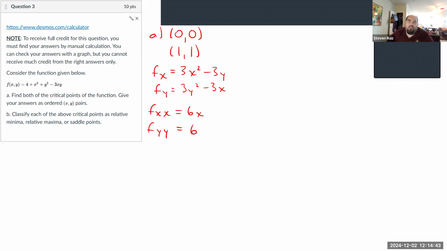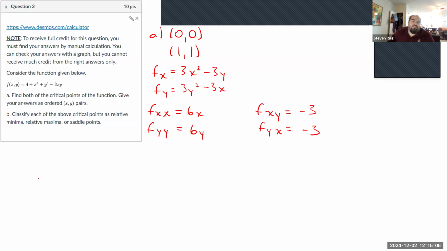That'll be 6y. And then take the mixed ones. Fx with respect to y, that'll be -3. And then Fy with respect to x should be exactly the same. Basically the mixed ones should be exactly the same. And they are.